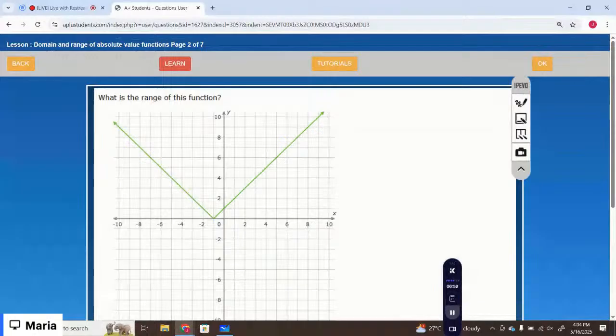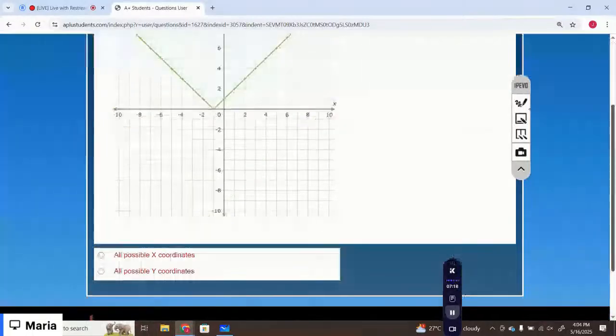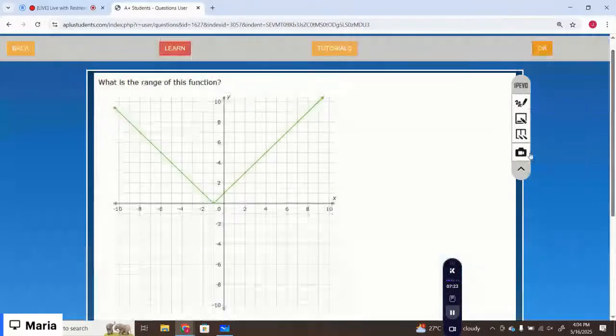What is the range of this function? The range is all the y values. The correct option is all the possible y coordinates are the range. Option number two is the correct option.